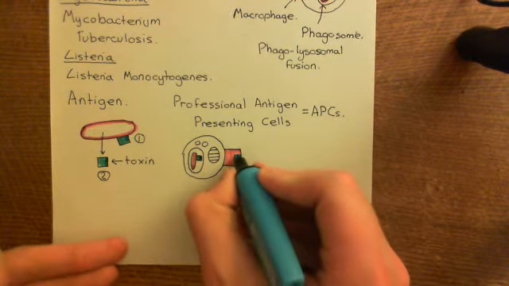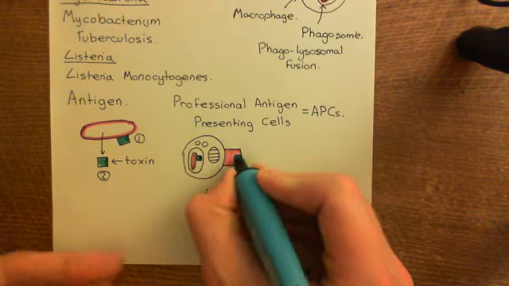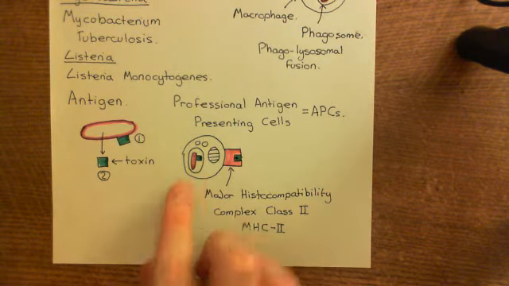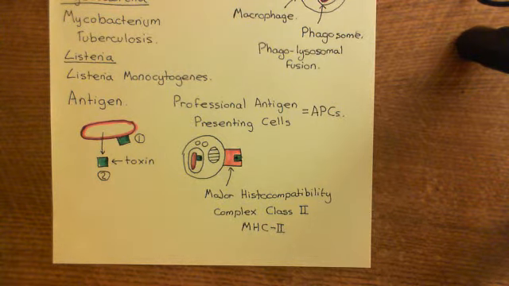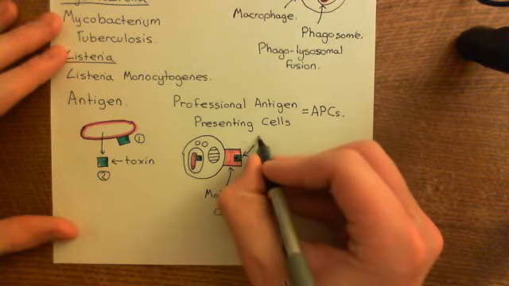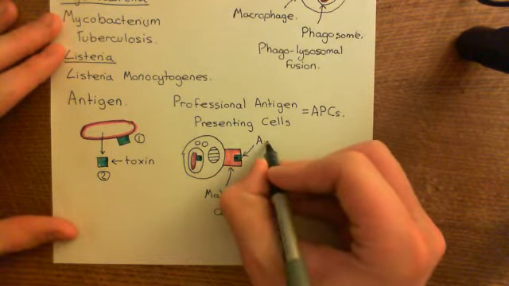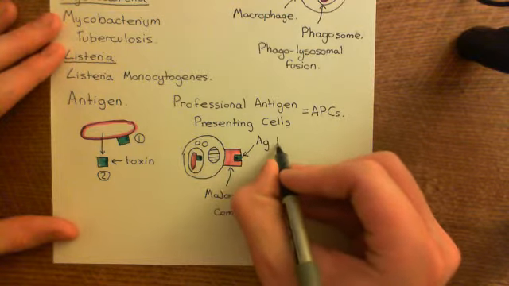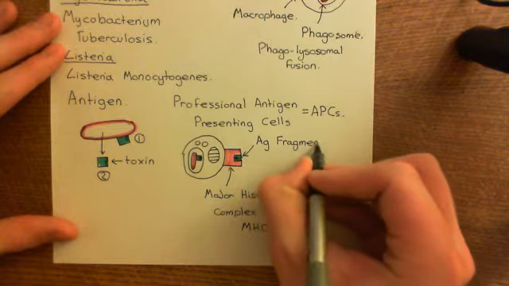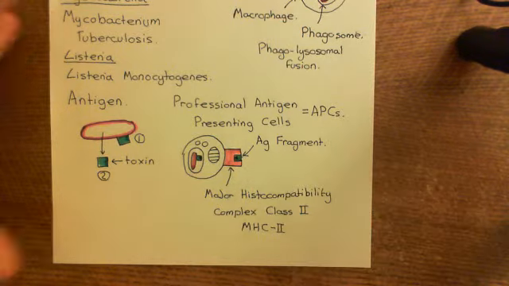Now, I'm going to have to continue drawing this as a little blue box, but don't think that that represents the entire antigen, even though the entire antigen was represented as a little blue box. This now is just an antigen fragment, and by the way, the abbreviation for antigen is to write AG like so. So this means antigen and then fragment. Okay.